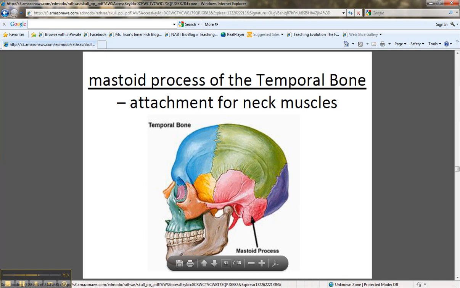The next structure is the mastoid process, and we always refer to processes with the name of the bone that they are a part of. So the mastoid process of the temporal bone is an attachment for neck muscles.